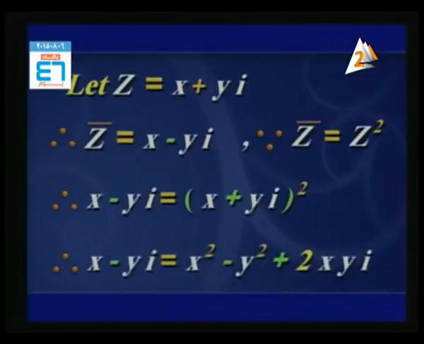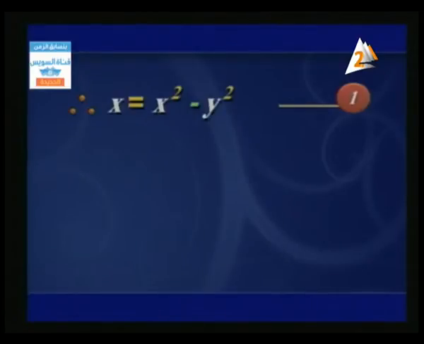Then x minus yi equals x² minus y² plus 2xyi. Therefore, x equals x² minus y², and this is equation number 1, and y equals negative 2xy.